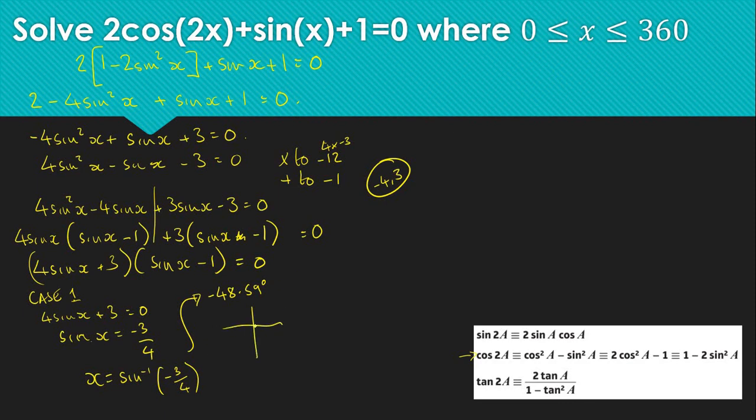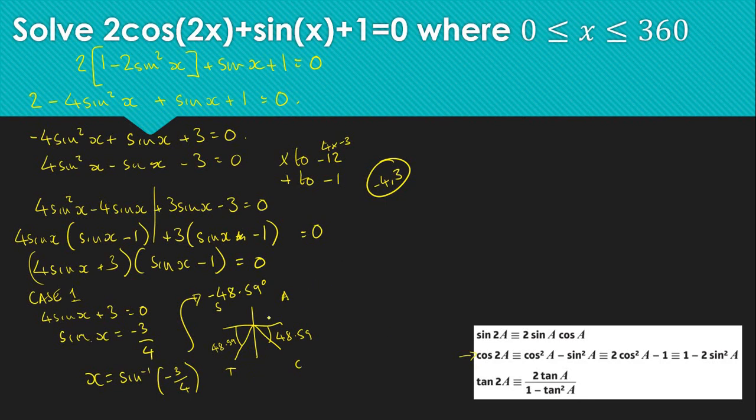Now, let's take a look. -48.59 would be in that quadrant there. We'd expect it to be in the negative for sine, okay, so we're going to need to find other positions where sine is negative. So we'll cast with sine being negative, so it'll be there as well, because sine's positive here and positive here.